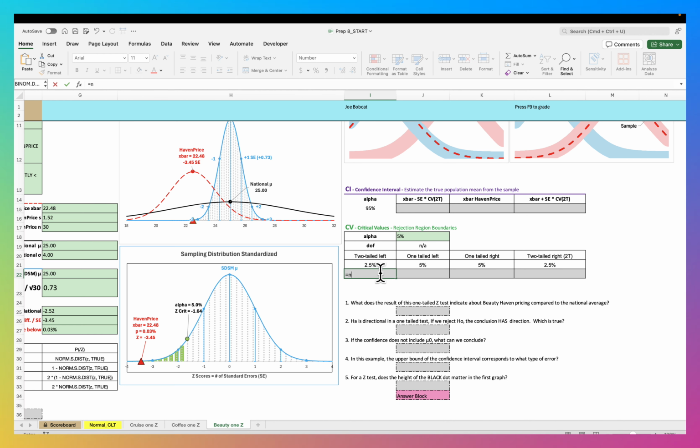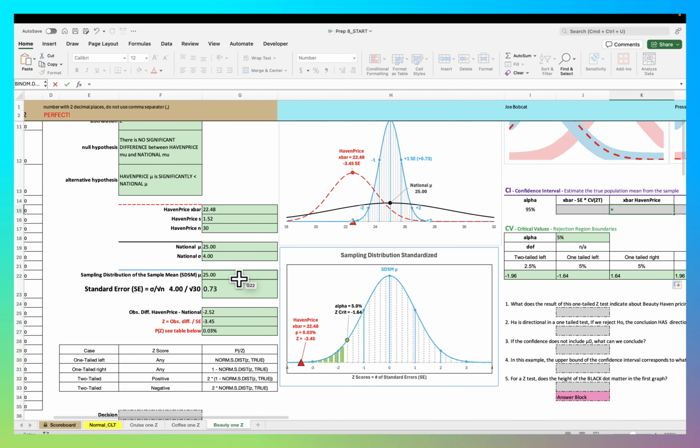And so we've got our NORM.S.INV probability. Drag that across, fix it here to 1 minus for the right-hand side. Drag it across.